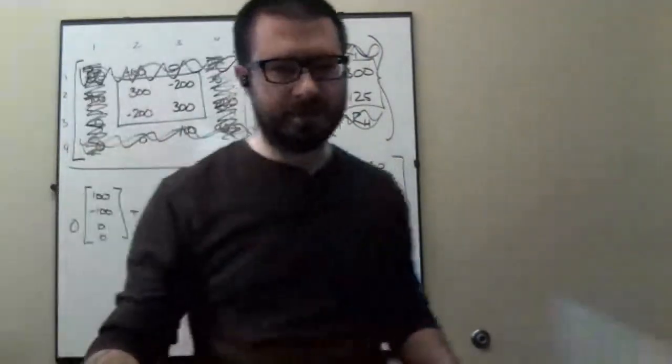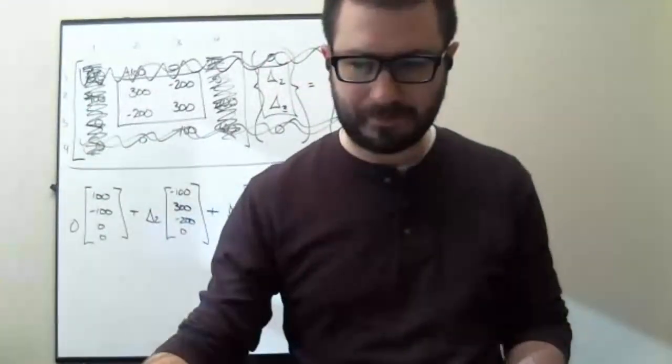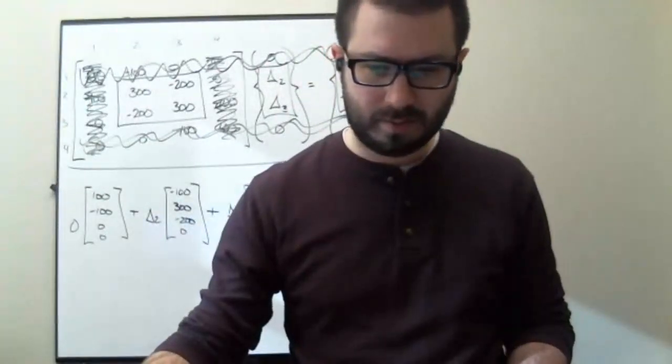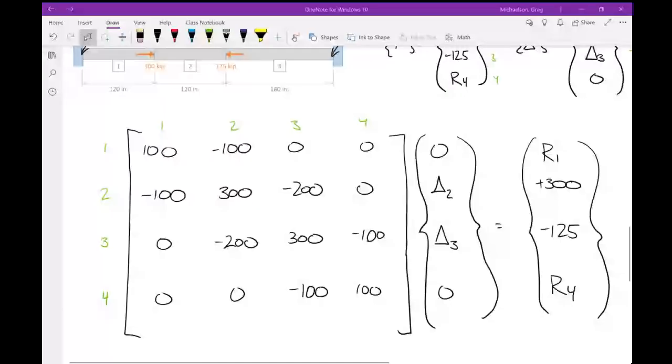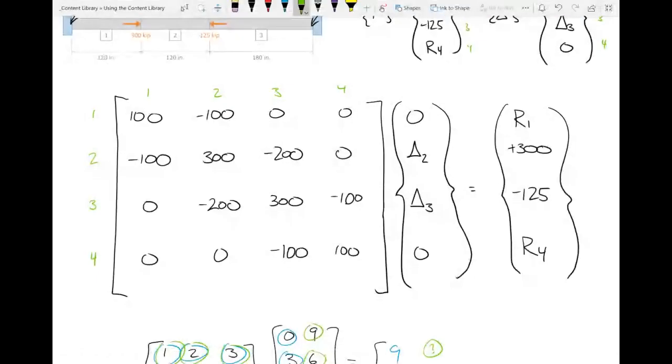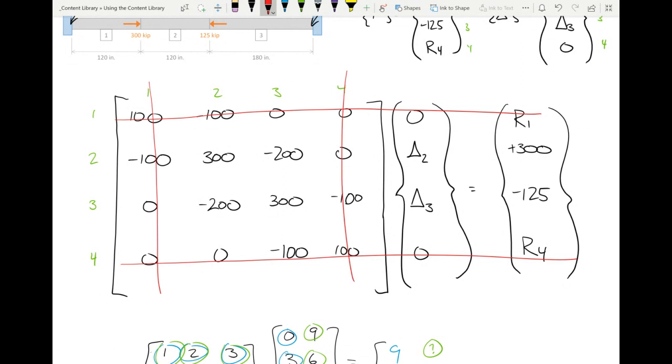So if we go back to the notebook here, so here's the notebook. I am going to cross out 1 and 4, and the reason I'm crossing out 1 and 4 is because 1 and 4 are associated with the support conditions. All right, so cross out 1, 4, 1, 4.